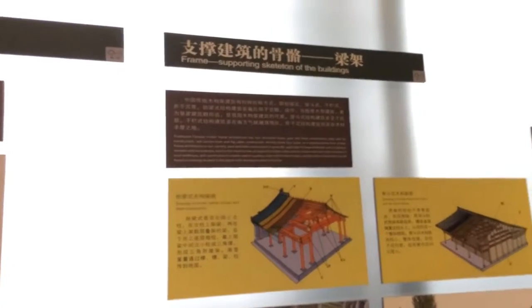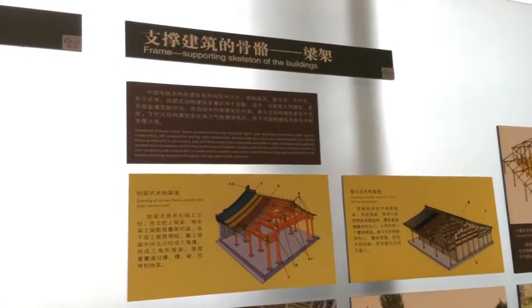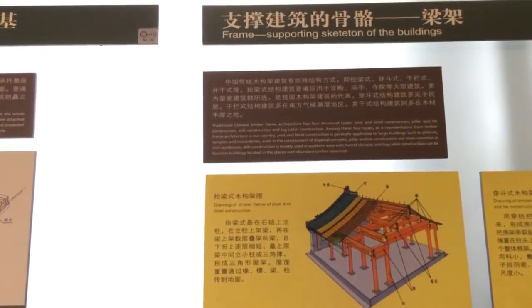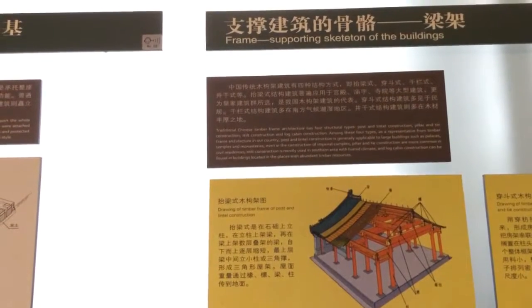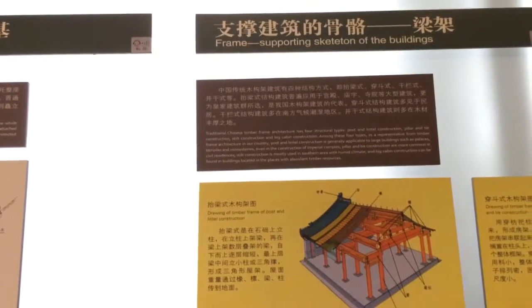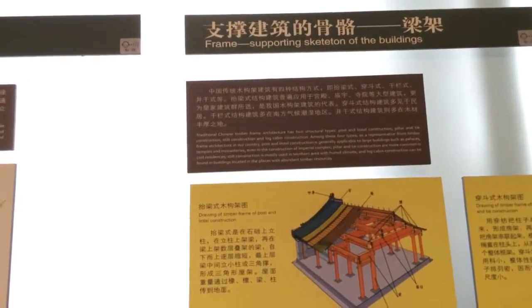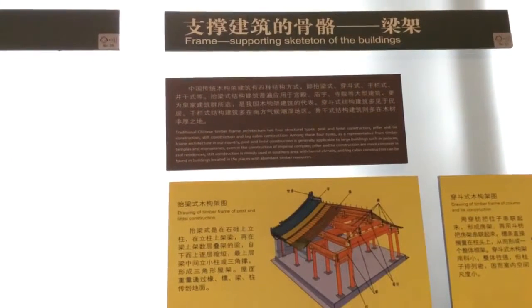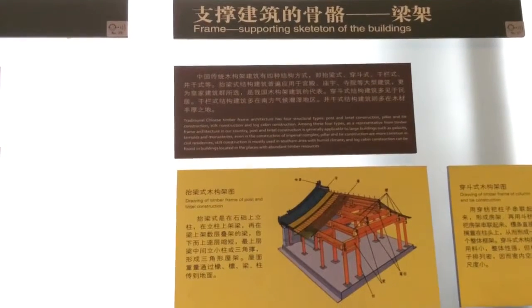Frame supporting skeleton of the buildings. Traditional Chinese timber frame architecture has 4 structural types: post and lintel, pillar construction, stilt construction, log cabin construction. Among these 4 types, post and lintel construction is generally applicable to large buildings such as palaces, temples, monasteries.